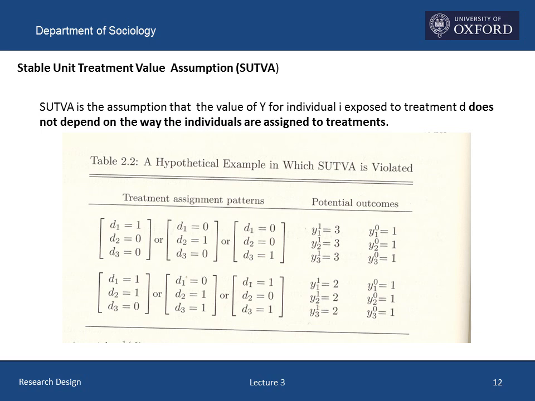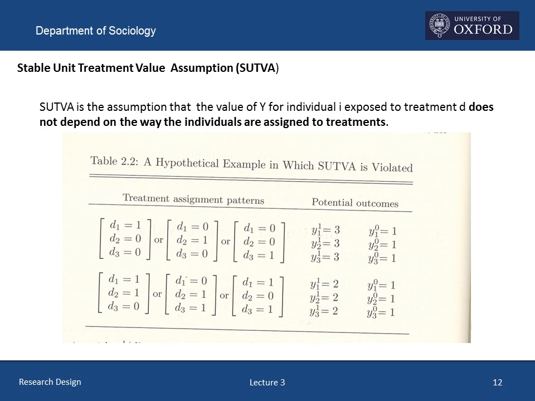Now consider the second row, in which 2 cases are allocated to the treatment condition. Here, the difference in potential outcomes is only 1 unit. If this kind of situation existed, it would be a clear violation of the SUTVA condition.